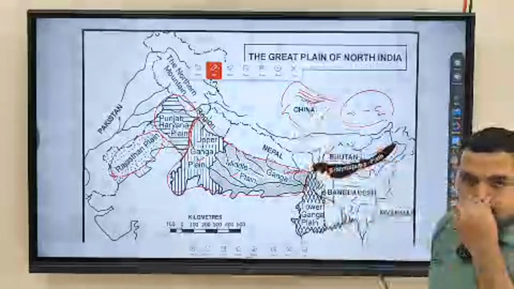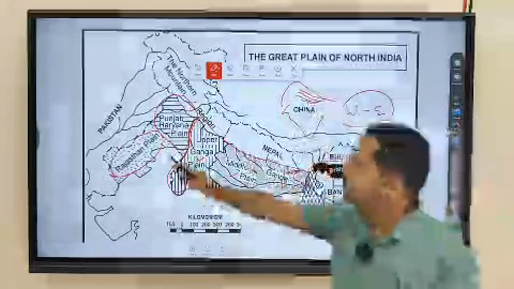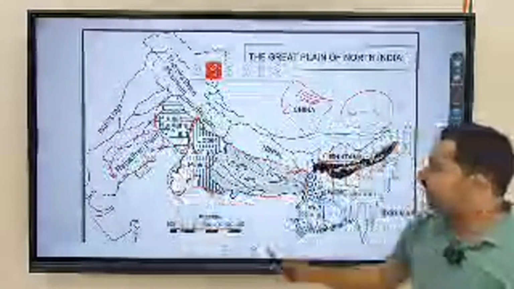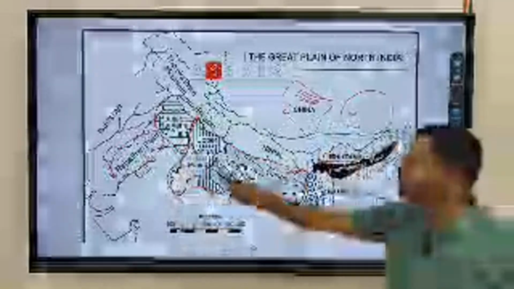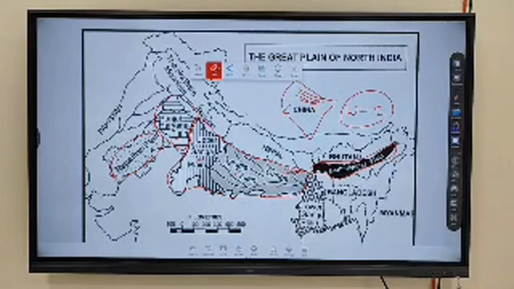And here you'll see the Rajasthan plain, Punjab plain, Gangetic plain, divided into upper Ganga, middle Ganga, and lower Ganga plains. A plain is basically a flat land, a flat area that's called a plain.